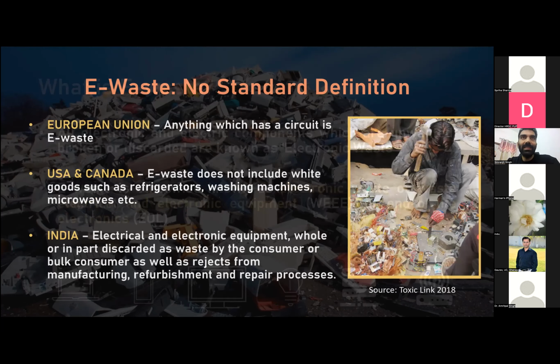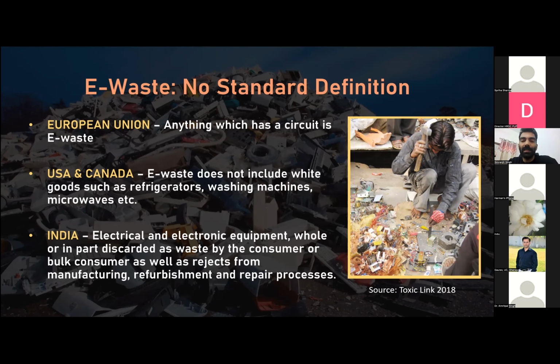E-waste doesn't have a standard definition throughout the world. Whenever we talk about e-waste, we first need to realize which country or continent we are talking about. For example, in the European Union, anything which has a plug or a circuit is e-waste, be it a big appliance, a small appliance, or a gadget.